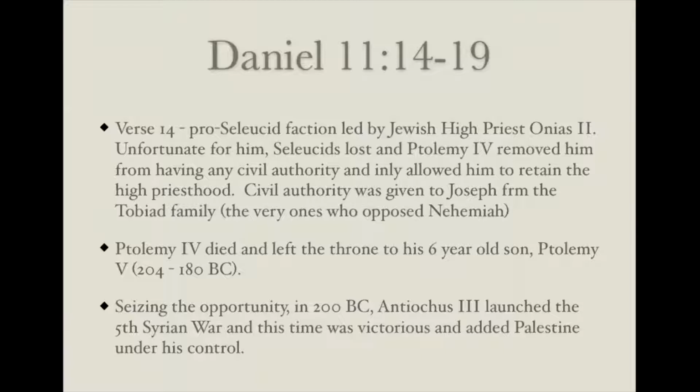Okay, seizing the opportunity now that the Ptolemaic kingdom is under a 6-year-old kid, Antiochus III launched the 5th Syrian War, and this time was victorious and added Palestine under his control. So as we talked about the Jews under Ptolemy rule, now all of that is going to change.